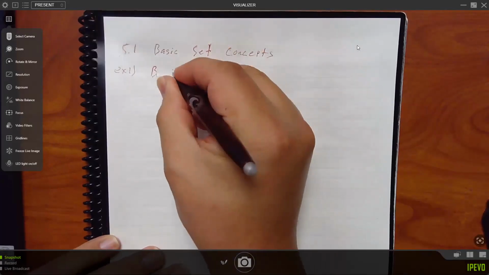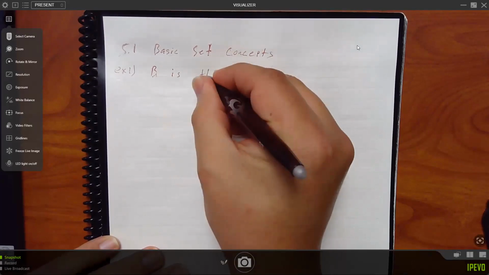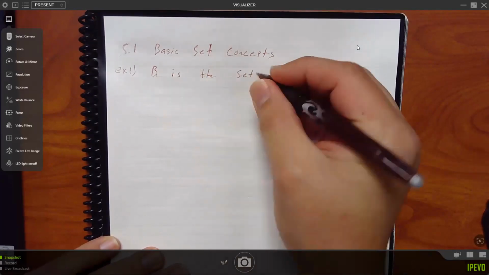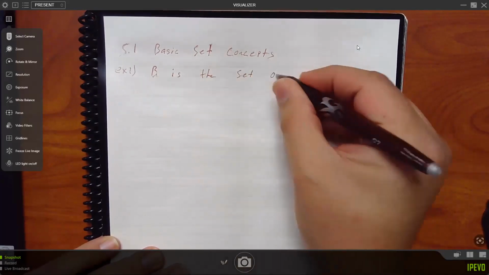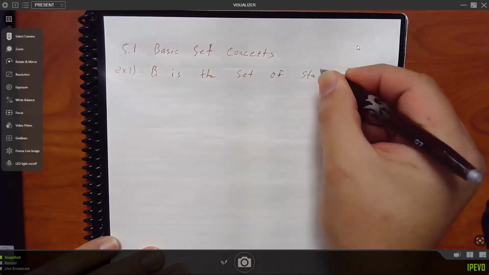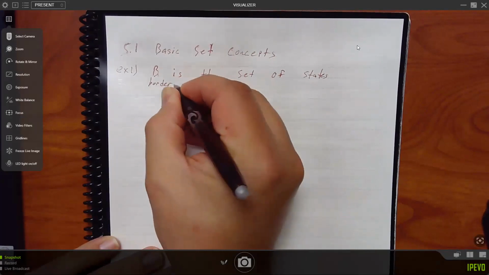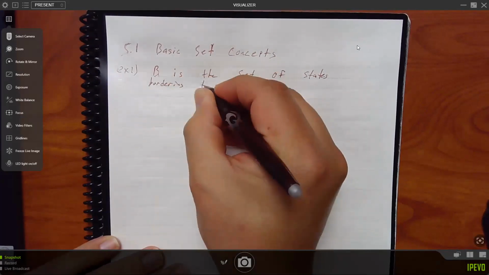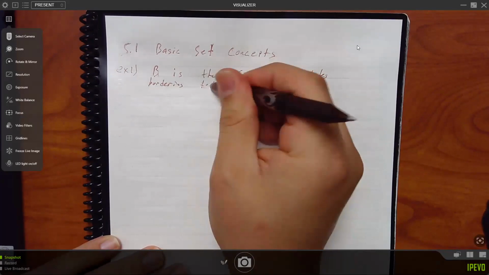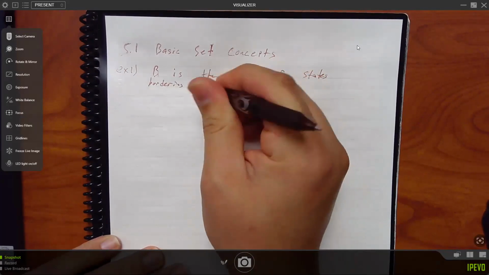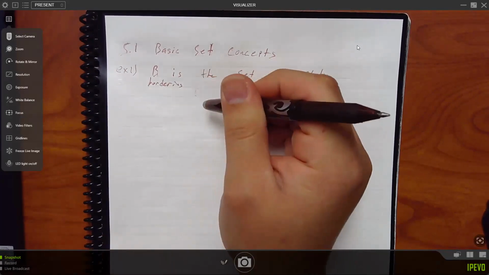B is the set of states bordering Texas. So what is around Texas? And what are all the states around it?